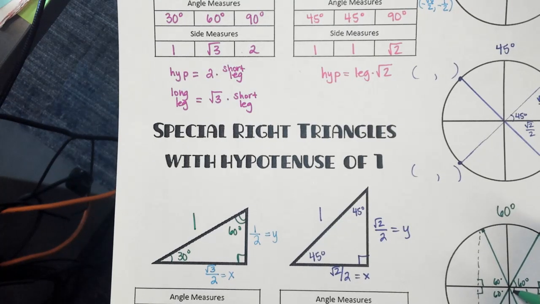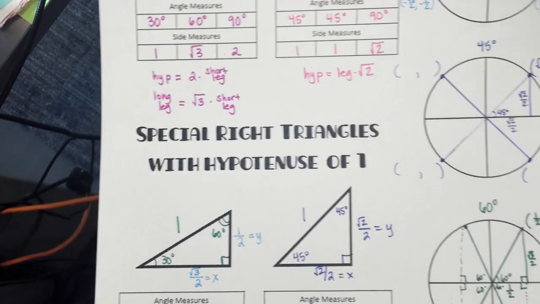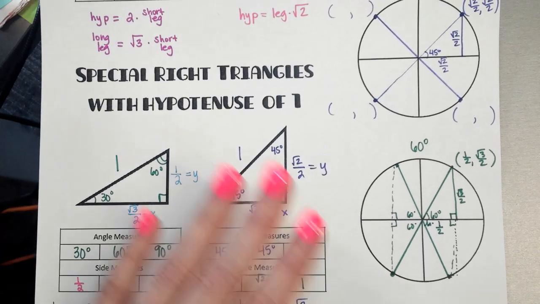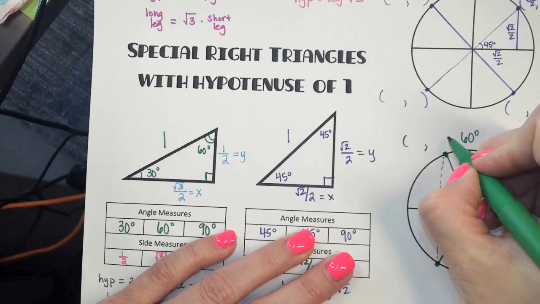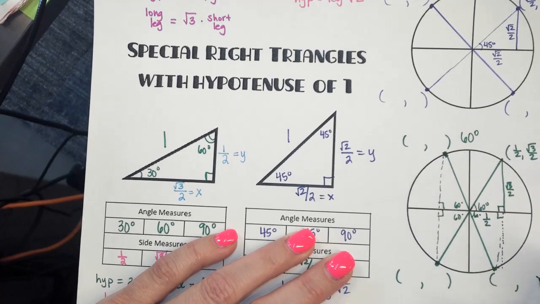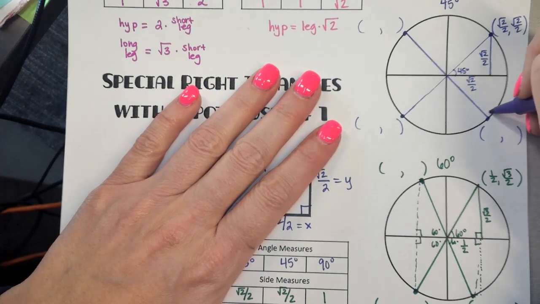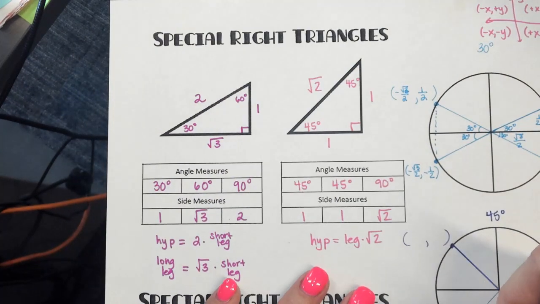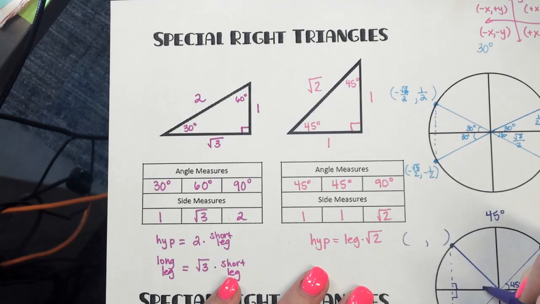And I'm not sure if you guys remember your reference angles from last year, but this is directly connected to those reference angles as well. Okay, so put your point in quadrant 2, in quadrant 3, in quadrant 4. I'm just going to make my reference angles.